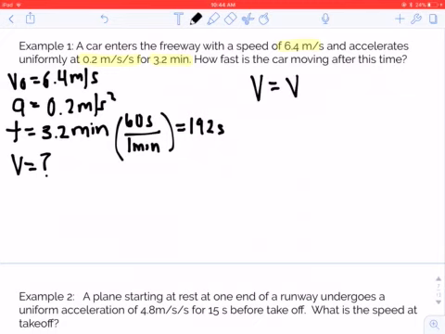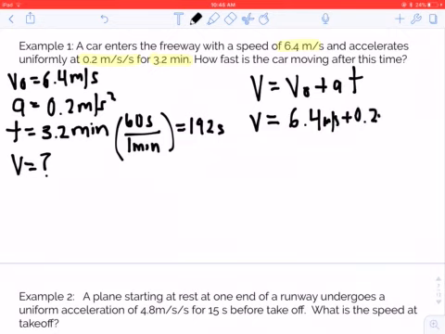V equals V naught plus a times t. I'm solving for velocity, so I'm going to leave that as a variable and plug in what I know. Initial velocity is 6.4 meters per second plus 0.2 meters per second squared times 192 seconds.